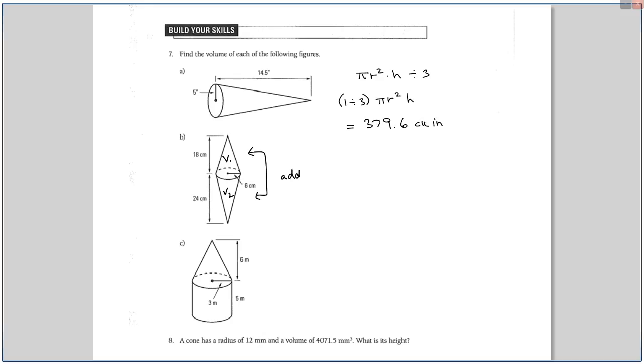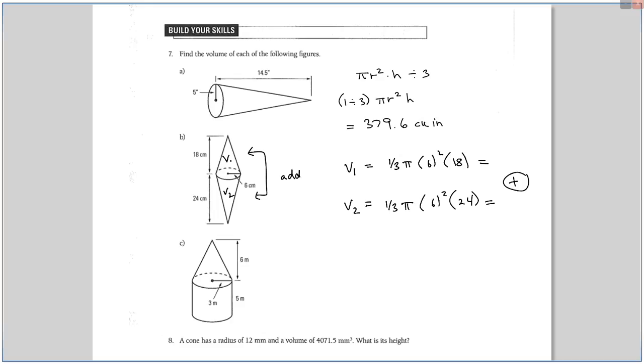I've seen some people on the quizzes just calculating them separately and then leaving it. So make sure you're adding them up. So just V1 and V2. And it'd be 1/3 pi r is 6 times h. Get those two answers and then add them up.